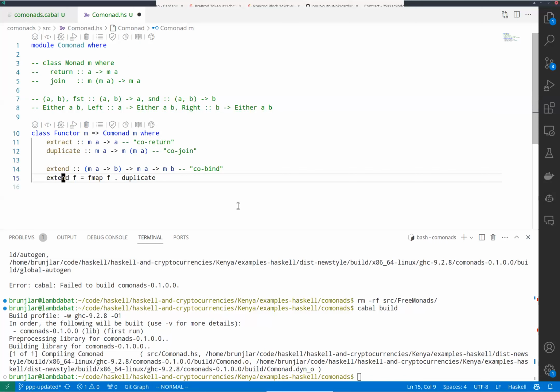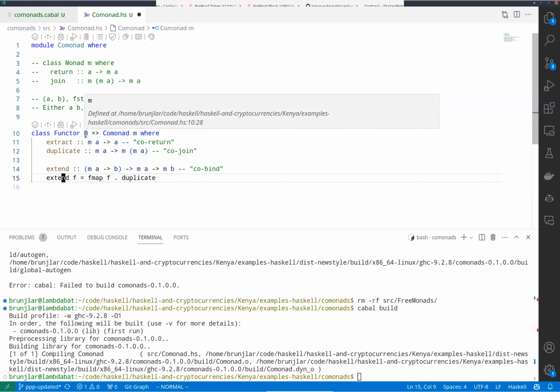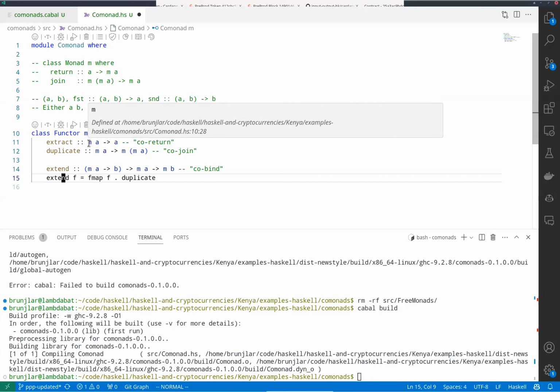But the thing I like best to think about is that you have some sort of container of A's where one element is in focus, and that is the one that gives you this extract. So it's a bit like a data structure with a cursor, where the cursor points at one of the elements.